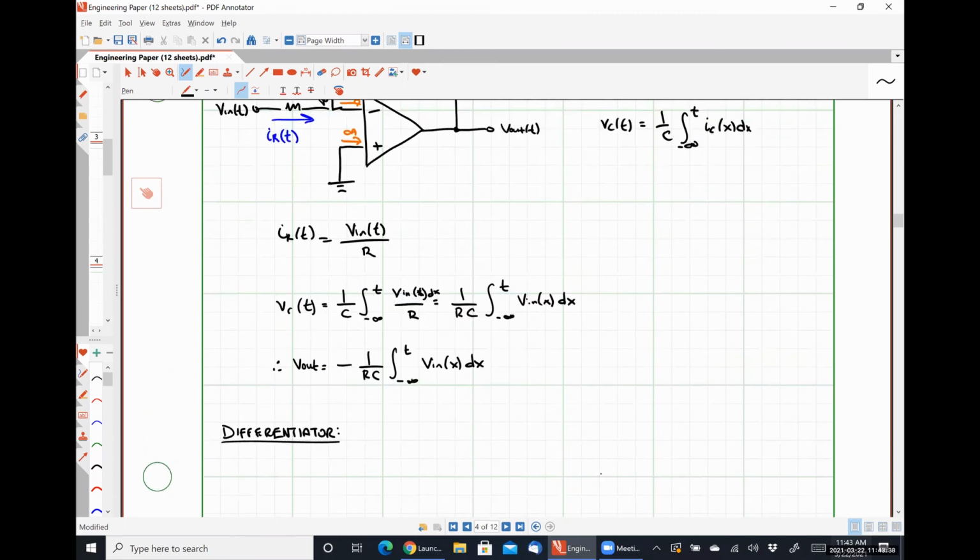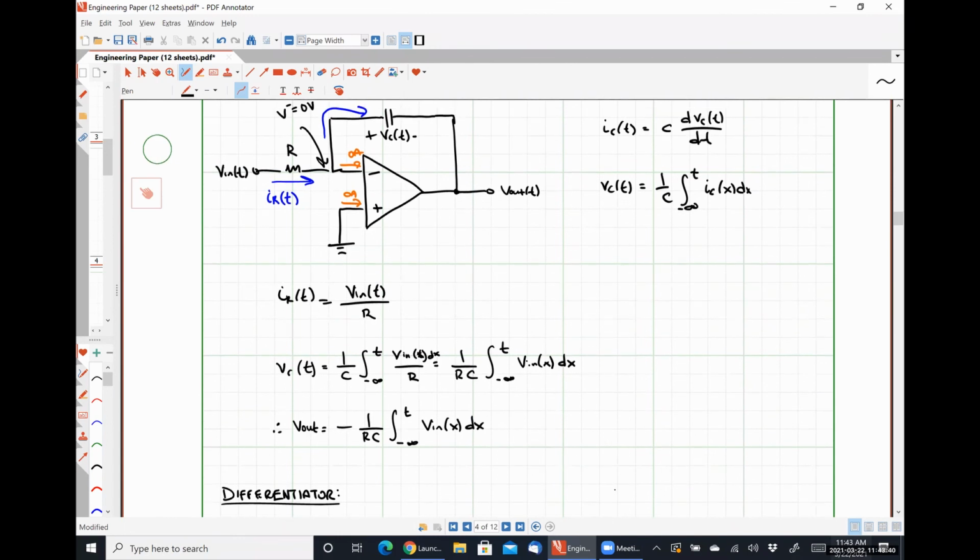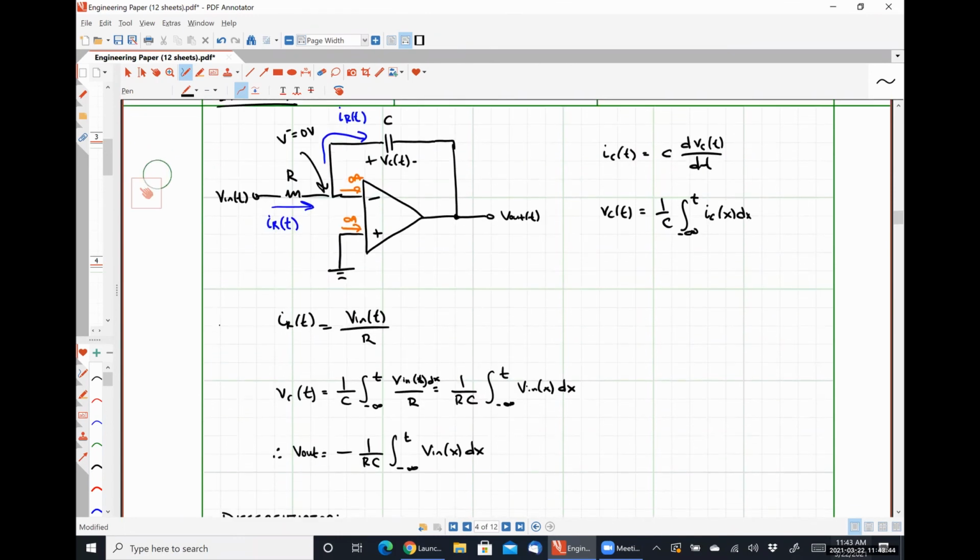So yes and no. That's a fantastic question, so let me answer that. In this circuit right here, if I replaced C with an inductor, I would absolutely get a differentiator.